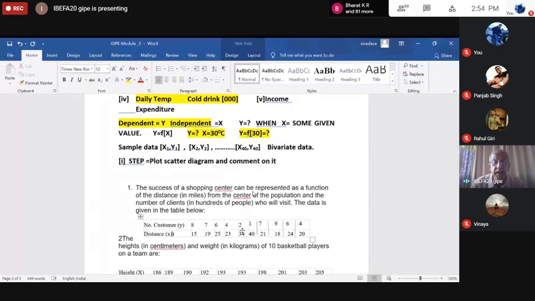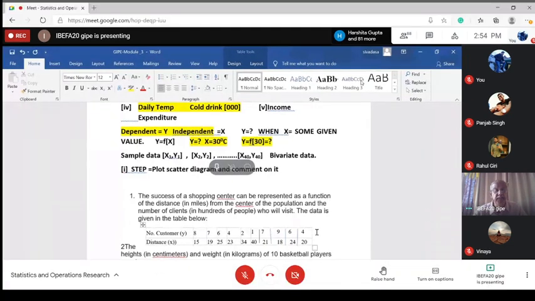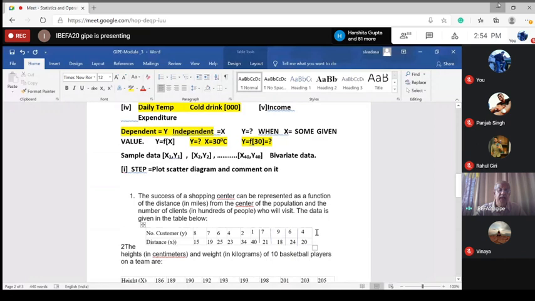Ten days of data is collected. 800 customers are coming from 15 miles distance. 700 customers are coming from 19 miles distance from their house, and so on. So this is the data that I'm going to plot.